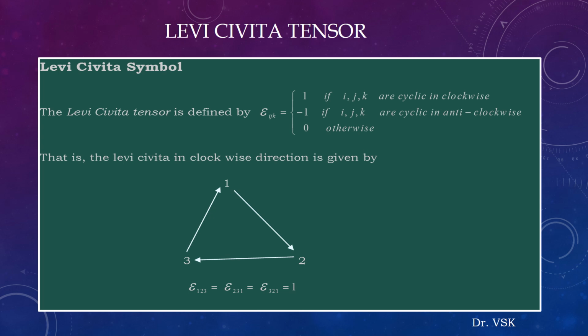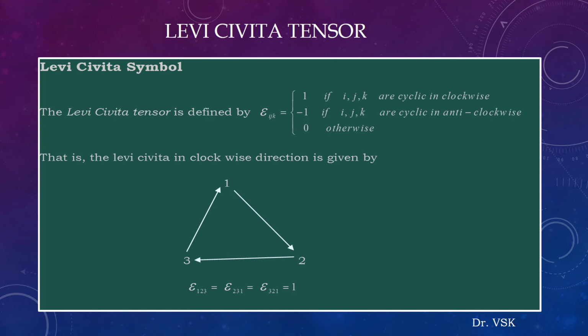It is defined by epsilon suffix ijk equals 1 if the indices i, j and k are in a cyclic rotation in the clockwise direction.